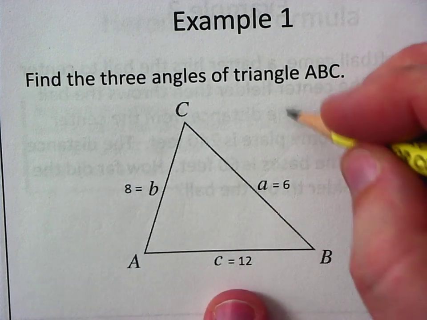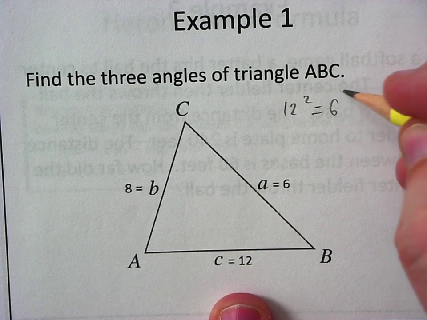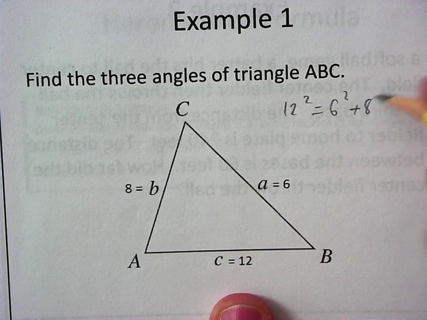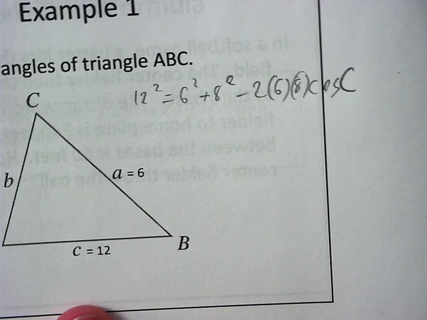So I'm going to set this up where I have 12 squared is equal to 6 squared plus the 8 squared minus 2, 6, 8, cosine of C. I don't know if you could see it.